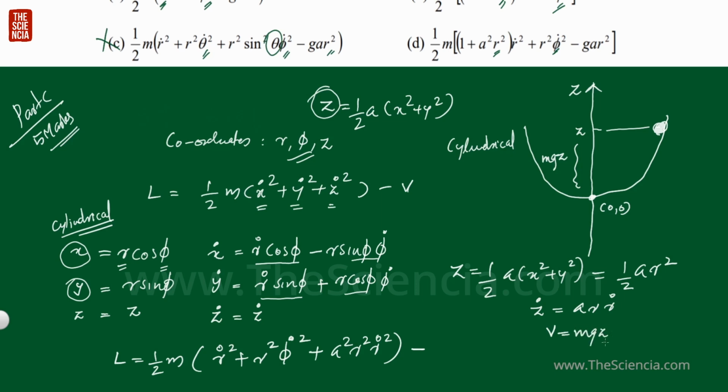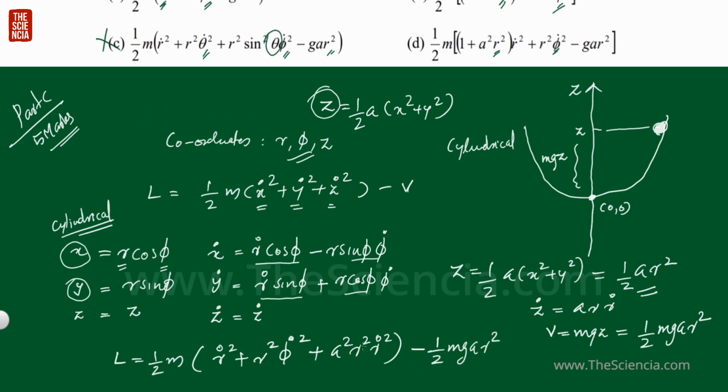And we know this z is equal to 1 by 2 a r square, so V is equal to 1 by 2 m g a r square. So I am substituting here, that is minus 1 by 2 m g a r square.